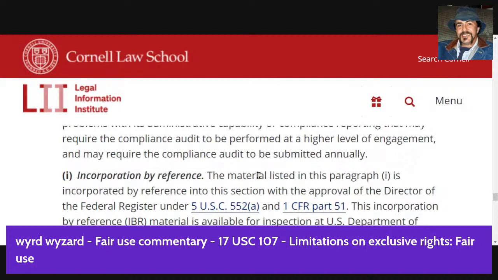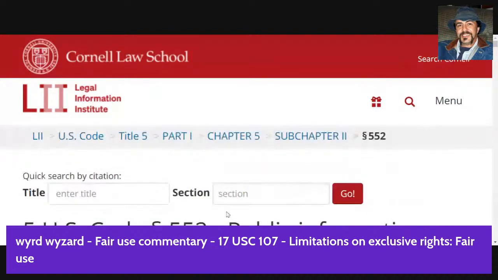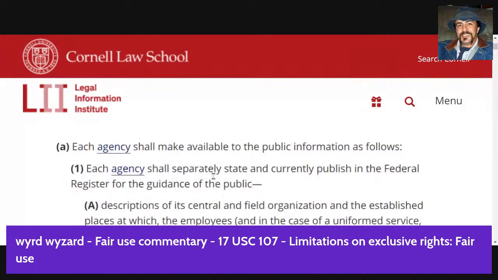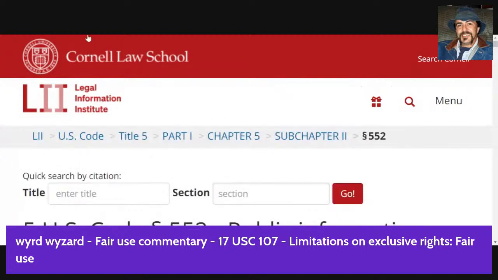Incorporation by reference. The material listed in this paragraph I is incorporated by reference into this section with the approval of the Director of the Federal Register under 5 U.S.C. 552a. What is 5 U.S.C. 552a, folks? That is Public Information Agency rules, opinions, orders, records, and proceedings under 5 U.S.C. 552. Each agency shall make available to the public information as follows.